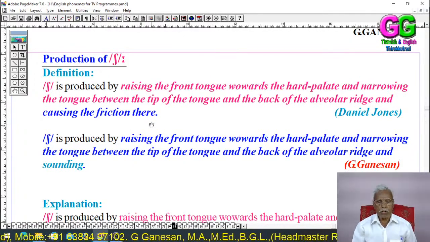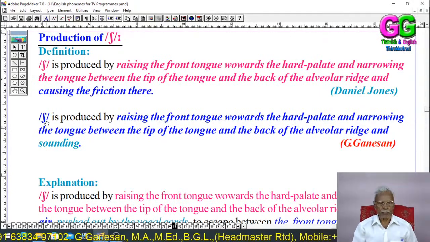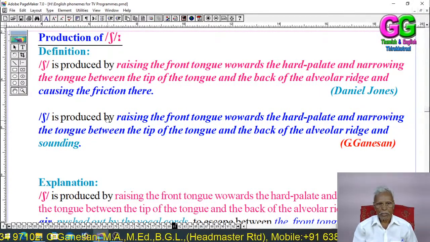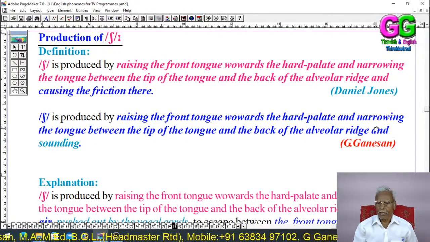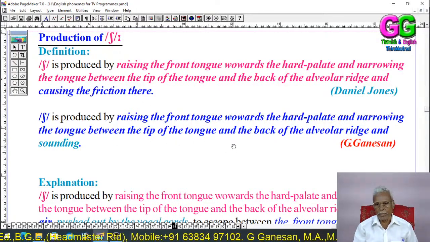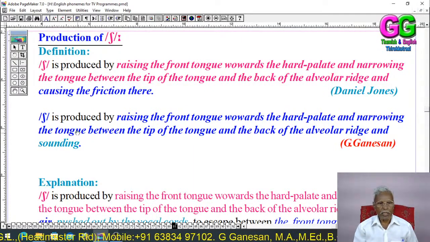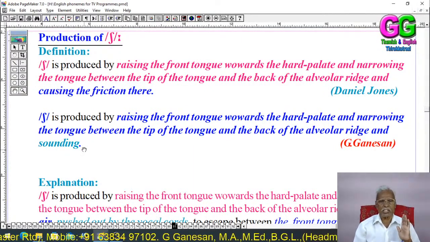Now see my definition. /ʃ/ is produced by raising the front tongue towards the hard palate and narrowing the tongue between the tip of the tongue and the back of the alveolar ridge and sounding. Slight modification I have done.